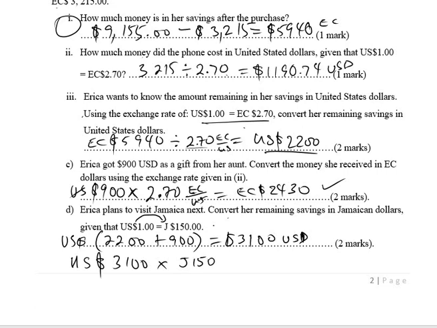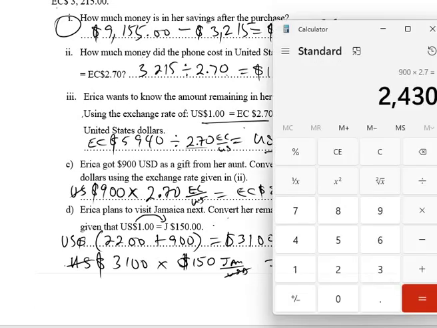All right, let me just put that here. $150, so that's Jamaican dollars per US dollar, right? So what's going to happen here? The US cancels out the US, leaving us with Jamaican. What amount?